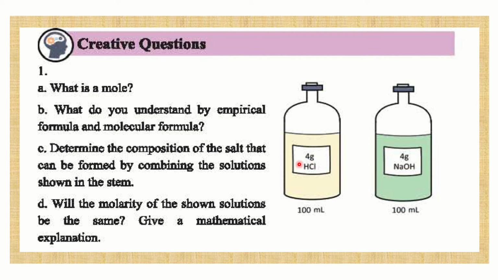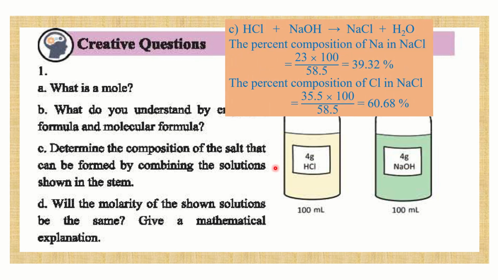So we have to find out the percent composition of the produced salt. Look, HCl acid, sodium hydroxide base. So they will react to produce sodium chloride salt and water. We have to find out only the percent composition of this salt, because here it is given: determine the composition of the salt that can be formed by combining the solutions shown in the stem.